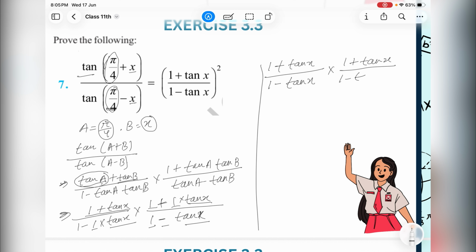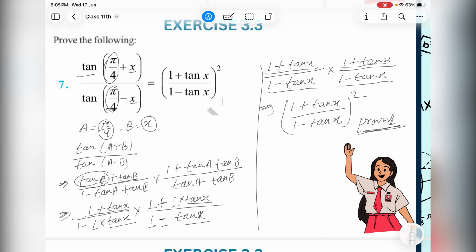So 1 plus tan x into 1 plus tan x, 1 minus tan x into 1 minus tan x, that is 1 plus tan x upon 1 minus tan x the whole square. Now this is proved.